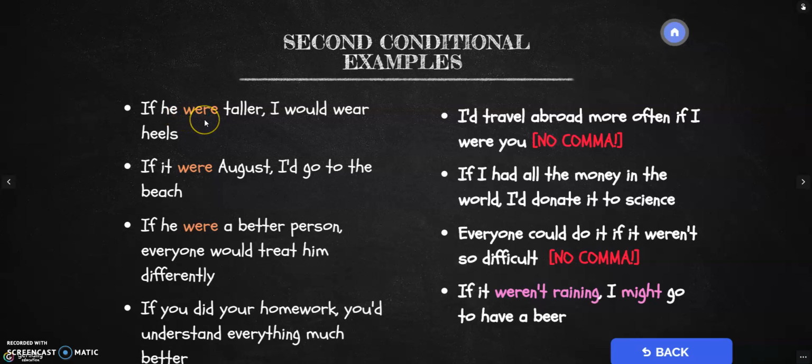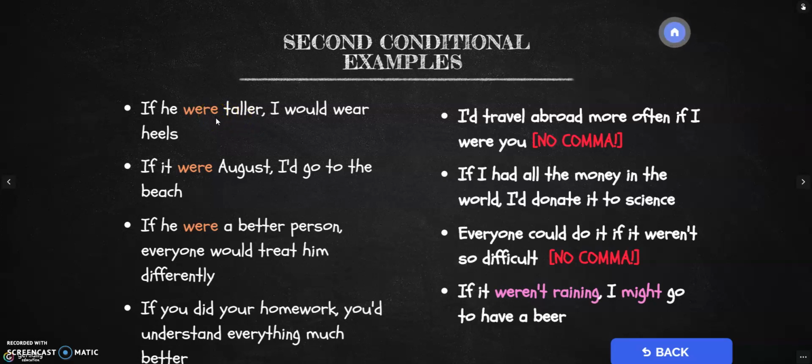The reason is that in English, as in Spanish, when we're using conditionals, we're using the subjunctive. In Spanish, we would say, si él fuera o fuese más alto. Eso es subjuntivo. En inglés también tenemos que utilizar el subjuntivo. La forma del subjuntivo del verbo ser es were.